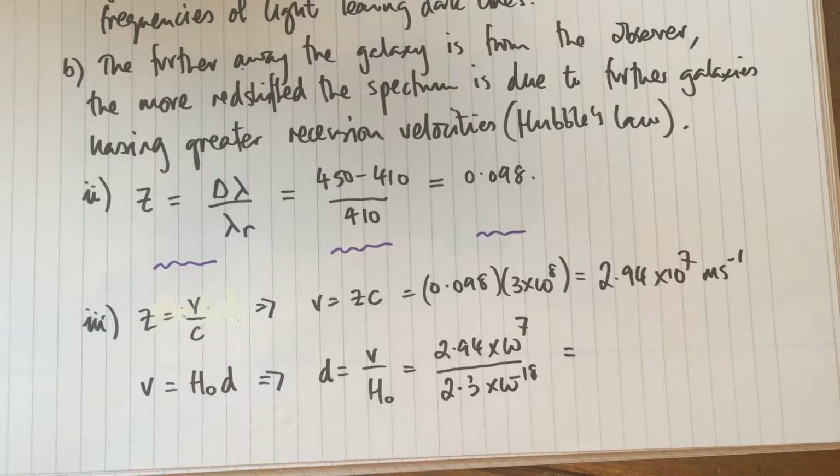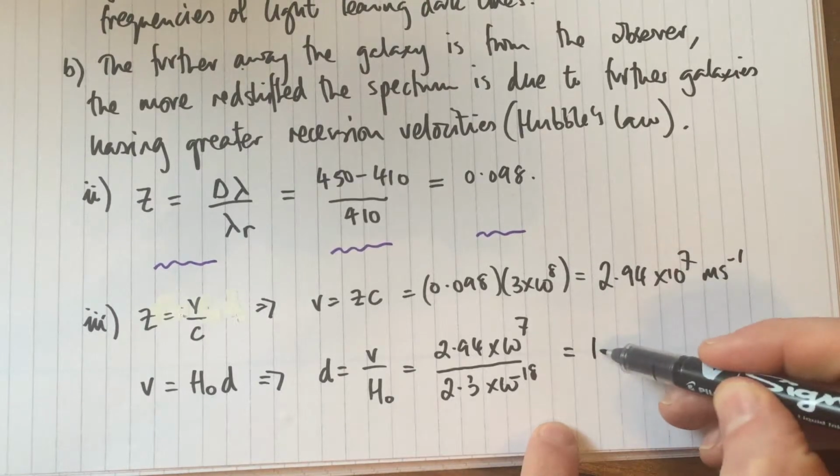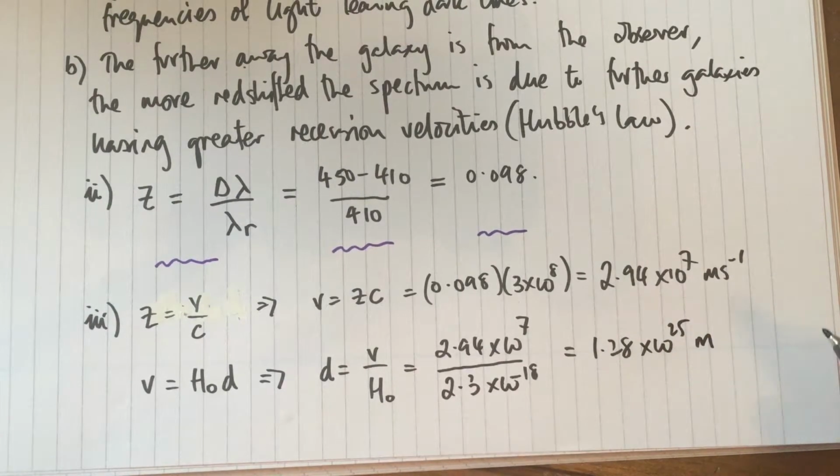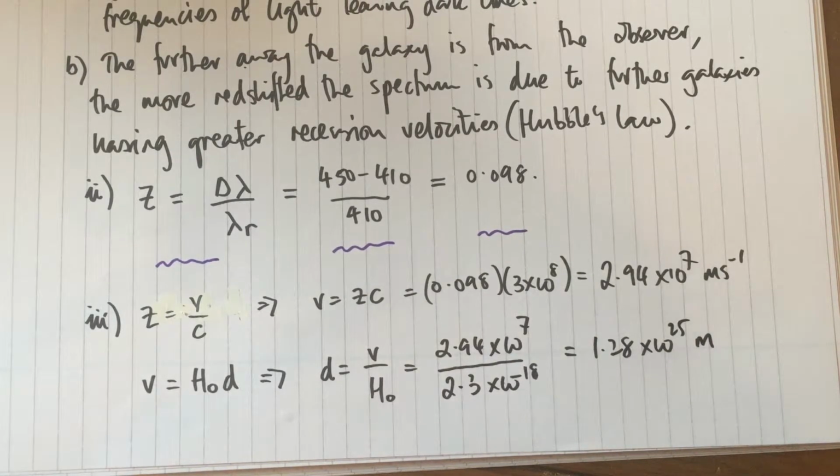It gives a distance of 1.28 times 10 to the 25 meters. And we've worked in 3 sig figs because 3 sig figs were the values given to us in the question. Actually, if you look at the show question, the answer is given to 2 sig figs, so the correct answer would be to 2 sig figs, but you're allowed +2 or -1 significant figures. So we are happy with that answer.